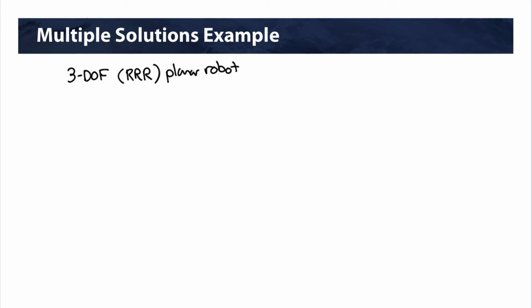In this case, we could use our third joint to get the desired orientation we want, so it can be used to achieve the correct orientation of our end effector.